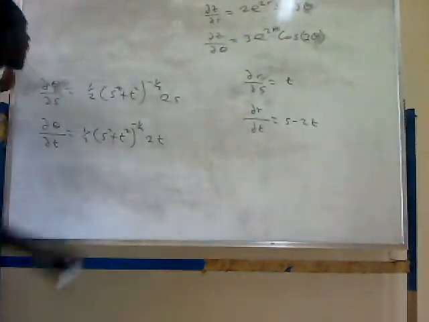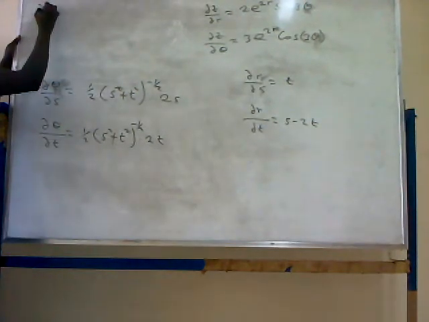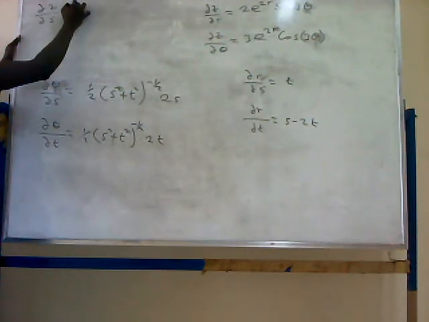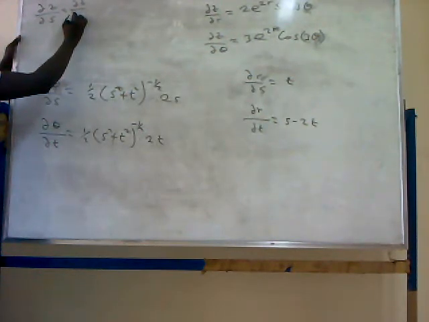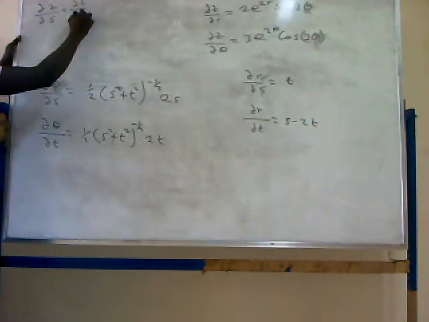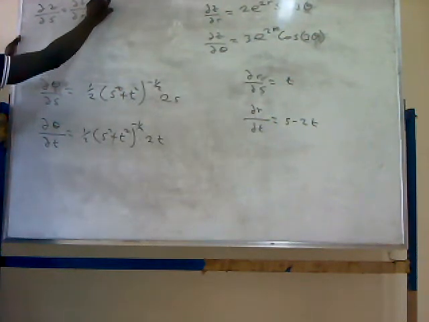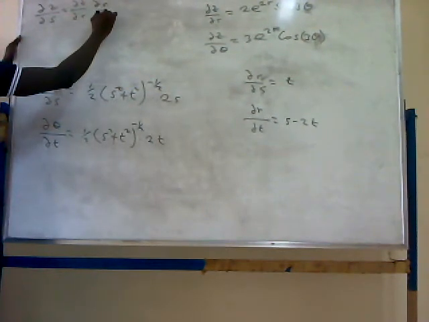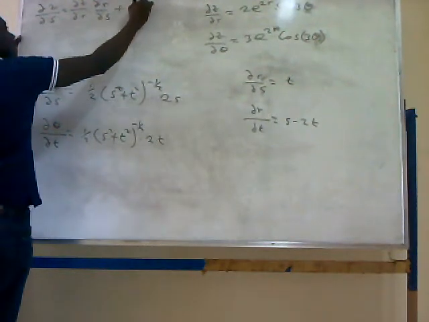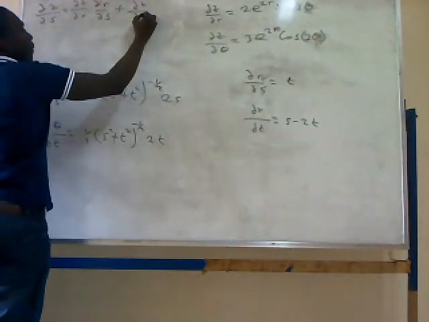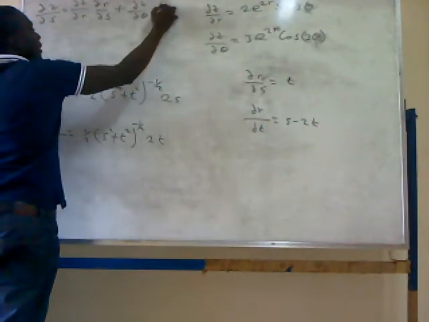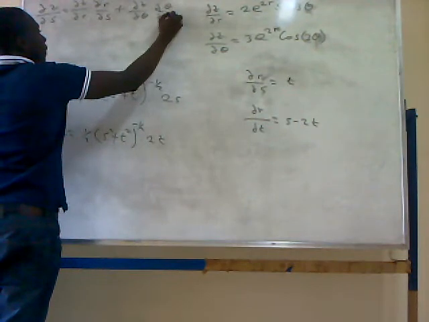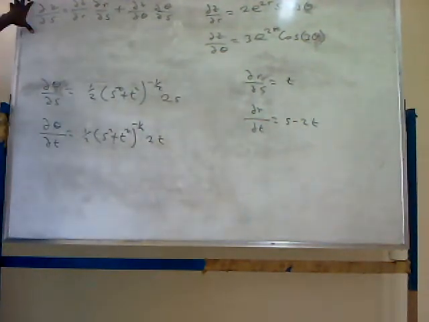Bear in mind that we say that del z del s is equal to del z del r, del r del s, plus del z del theta, del theta del s. Okay, this is what I'm going to write here.